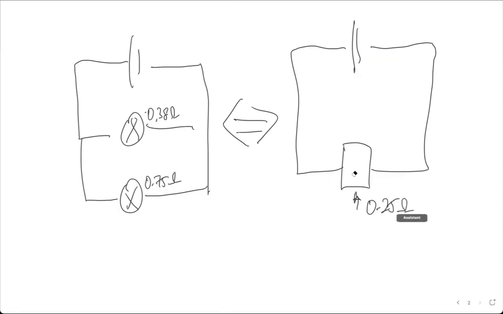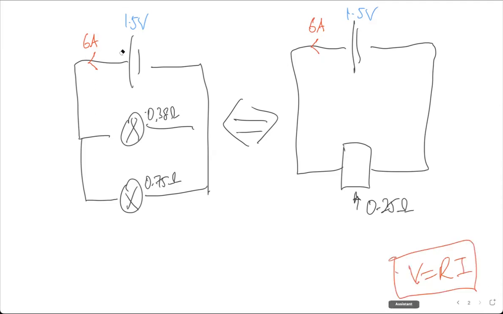Both of them are the same. Why? Because this is 1.5 volt, this is also 1.5 volt. Clear? The current in this case is 6 ampere, and the current here is also 6 ampere. So we use the formula V equals Ri, the one that I always remember. They'll both give the same result.